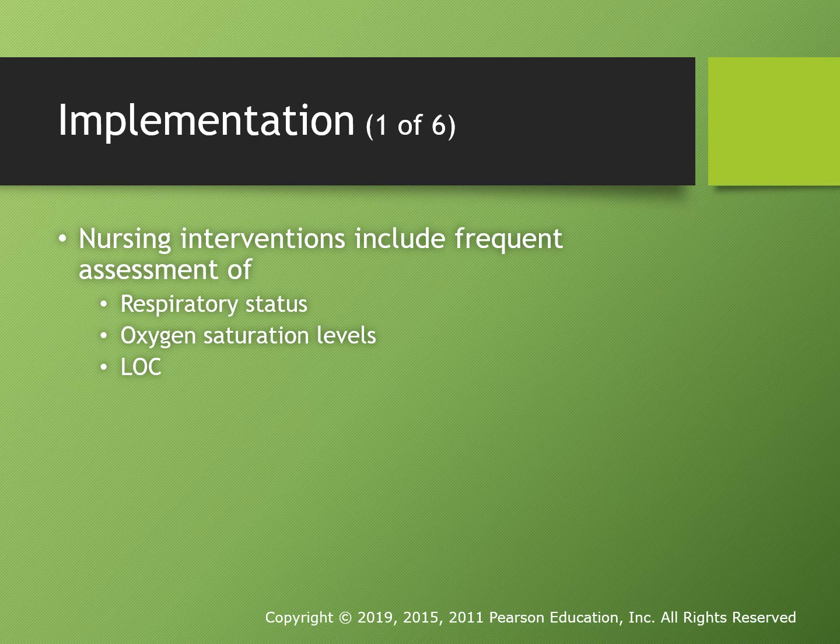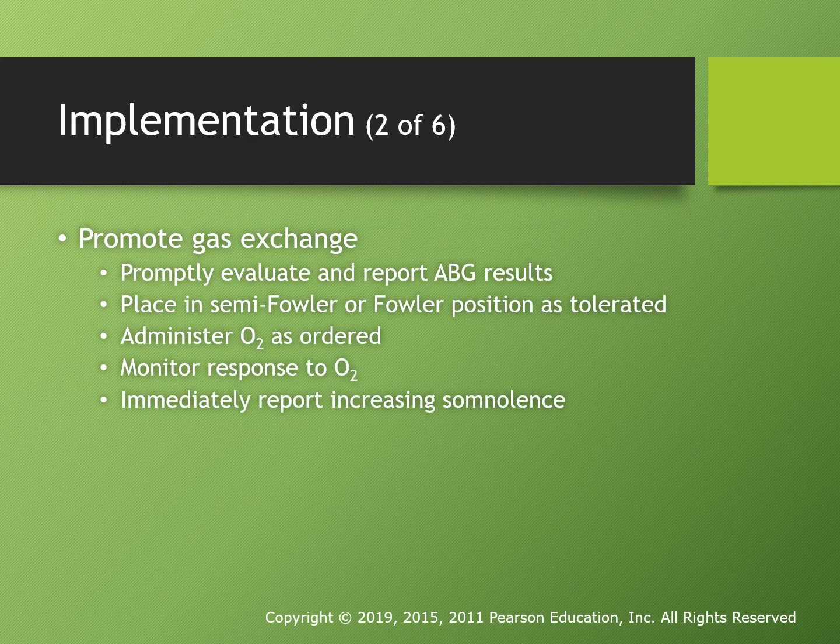Safety alert. Frequently assess level of consciousness every time you interact with the patient. A decline in level of consciousness may indicate increasing hypercapnia and a need for increasing ventilation support, such as intubation and mechanical ventilation. So how do we promote gas exchange?